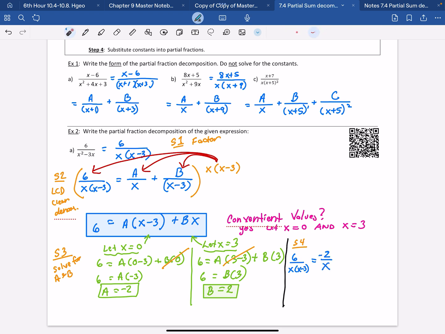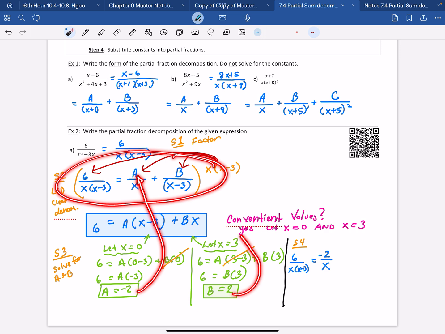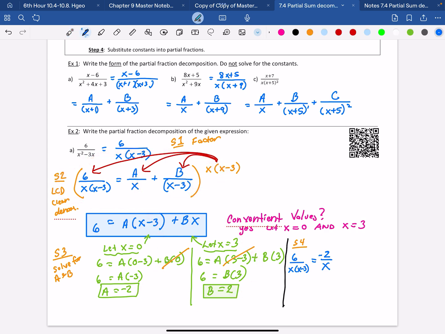And again, I am substituting it right here. I'm taking A, putting it here. I'm taking B, and I'm putting it there. And I'm just rewriting the whole equation. And that's plus 2 all divided by x minus 3. All right, so that, my friends, is your final decomposition.